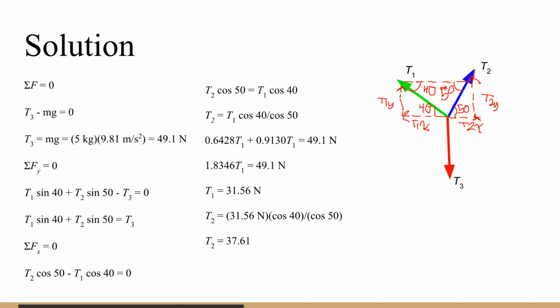Now we're going to focus on this free body diagram here. Now you might be thinking, why is T3 pointing down? T3 was pointing up because it was holding the 5 kilogram mass up.